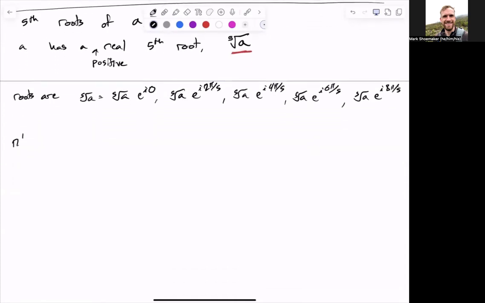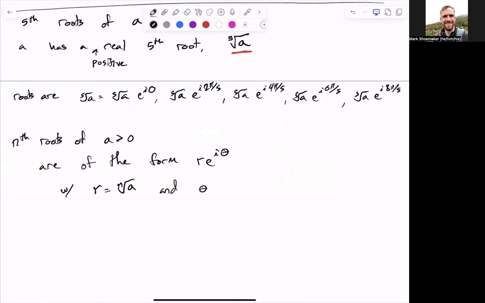And so then the nth roots of some number a greater than 0 are all of the form r e to the i theta, with r equal to the positive real nth root of a and theta one of 0, 2 pi over n, 4 pi over n, etc., all the way up to 2 pi times n minus 1 over n.